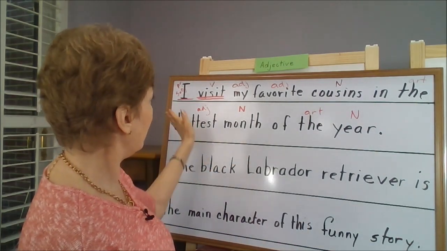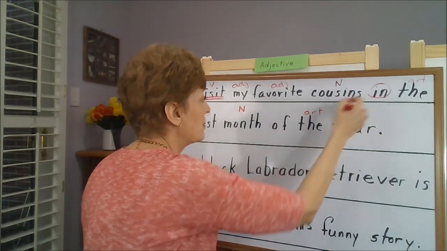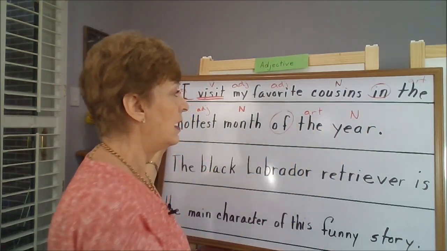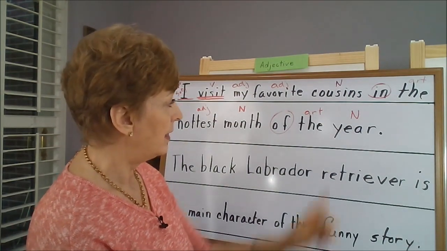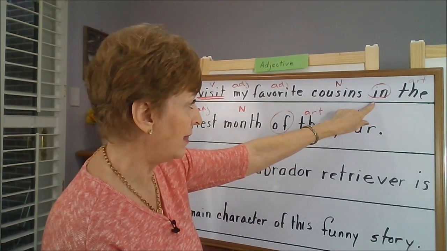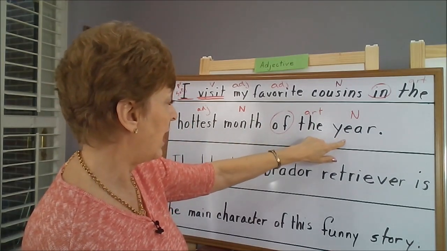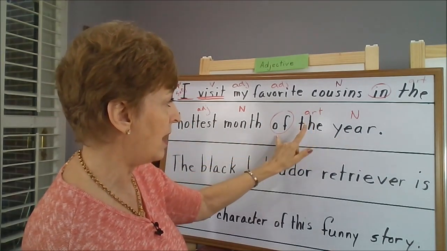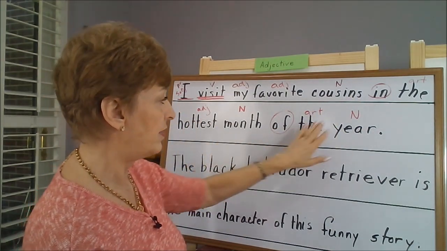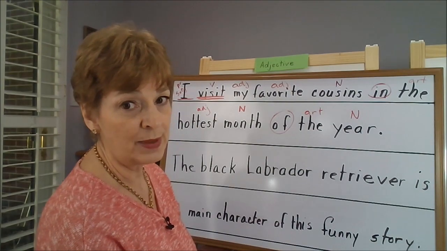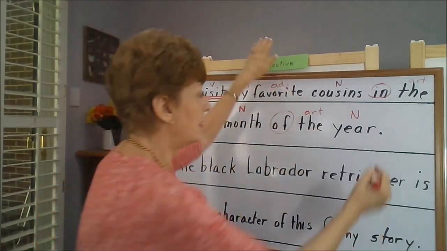Now I've got everything in here identified except for these words right here. They're kind of small, and I'm seeing that there's a noun nearby and a noun nearby on this one. It seems like I have a phrase here. In the hottest month of the year. That makes me think of a position. Is in a position? Yes, it is.